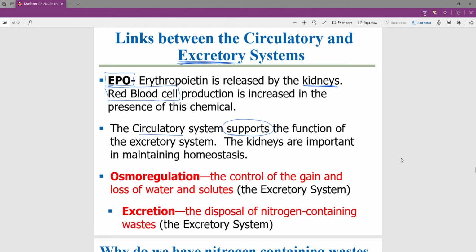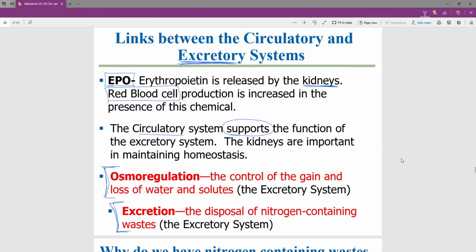The kidneys do two key things in maintaining homeostasis. They're basically going to get rid of the nitrogenous waste in your body, so that is excretion, and that's one way that the kidneys maintain homeostasis. And this other one is osmoregulation. Osmoregulation is a huge word, but it is also a huge concept.